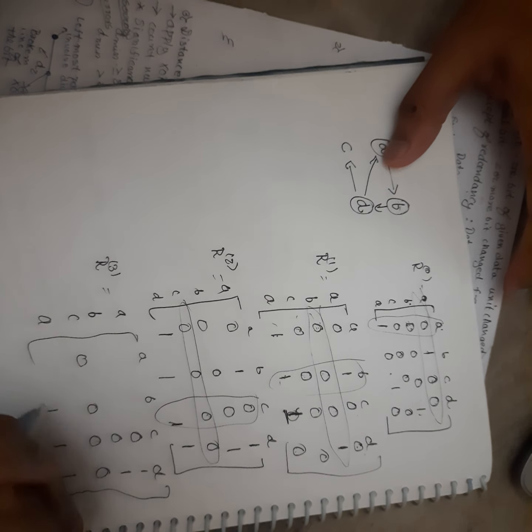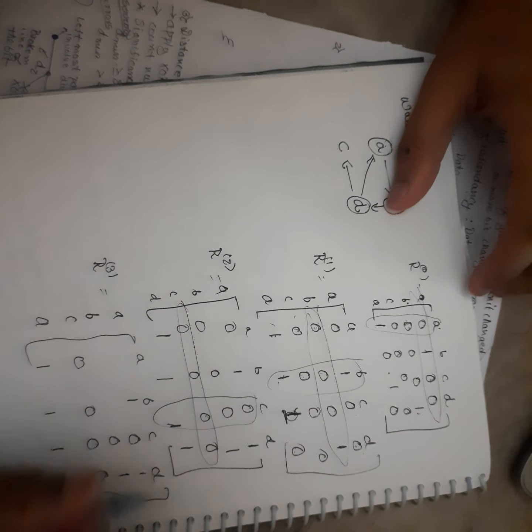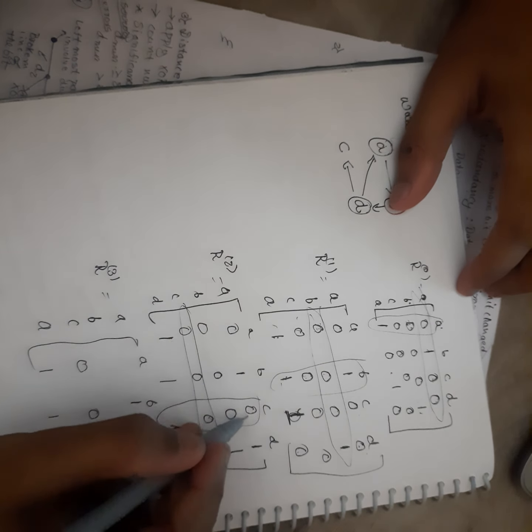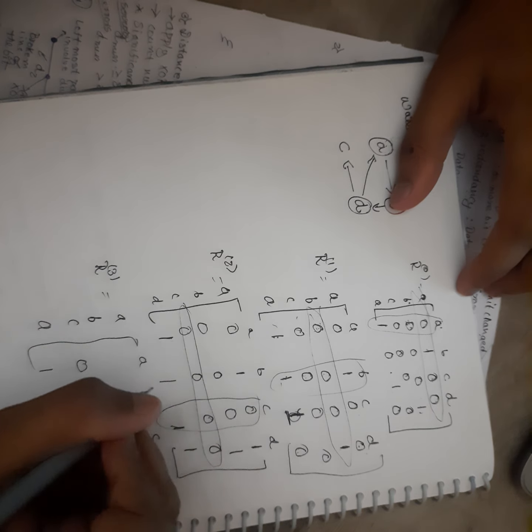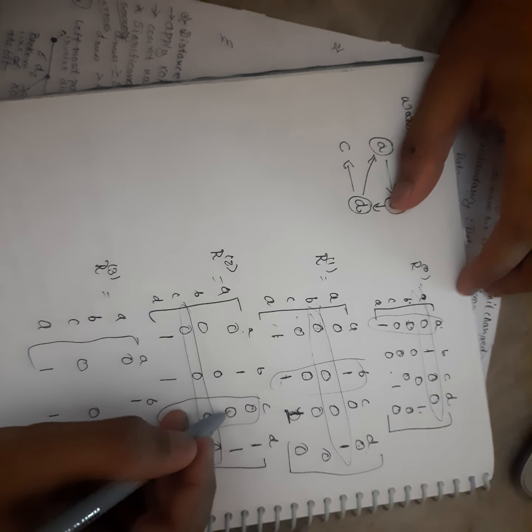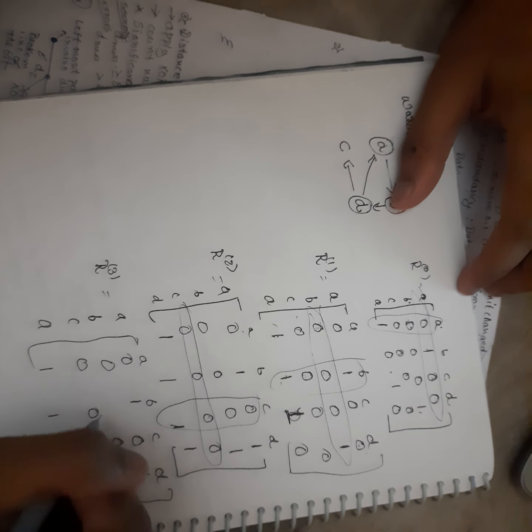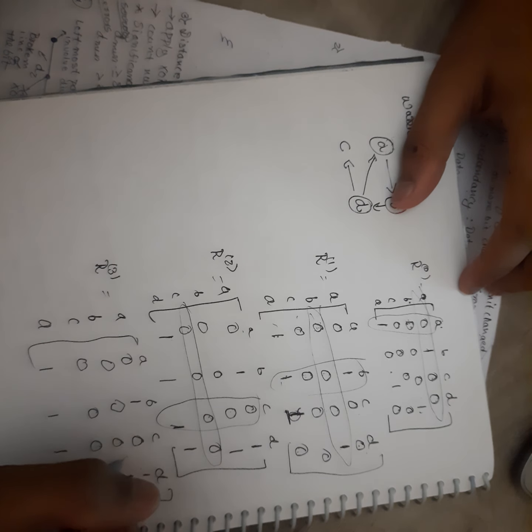Now similarly, just multiply. 0 into 0 is 0 only. It is already done, so now go here. 0 into 0 is 0 only. Here also 0. Yes, it is correct. Next, this is already 0, and this is also over.